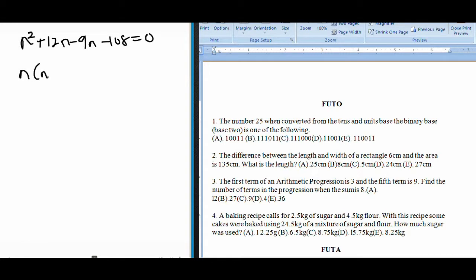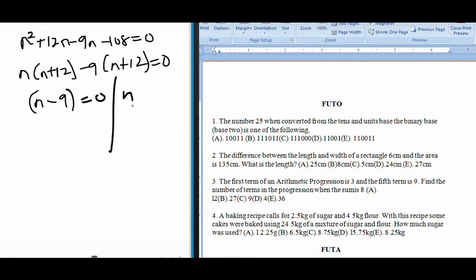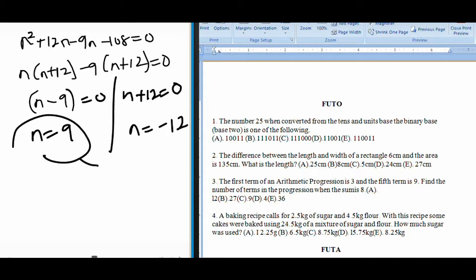Hence, n minus 9 equals 0, or n plus 12 equals 0. Our n will be equal to 9 or minus 12. So since the number of terms cannot be negative, the correct option there is 9, and that is option C.